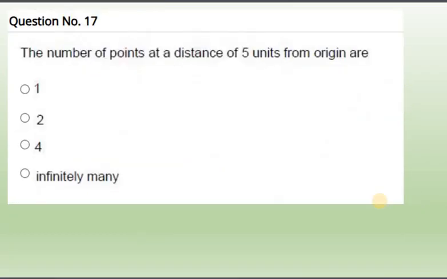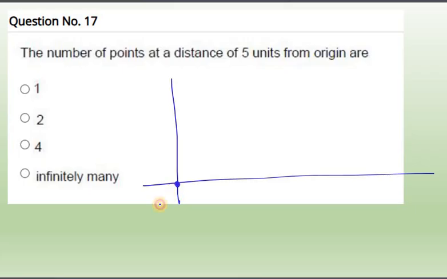Now next question. The number of points at a distance of less than 5 units from the origin. The easy method is, for example, if you have the x-axis and y-axis, and this is the origin, 0, 0. For example, this is 1, this is 2, this is 3, this is 4, and this is 5.